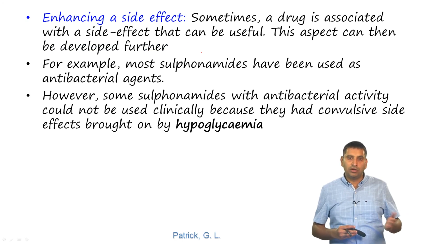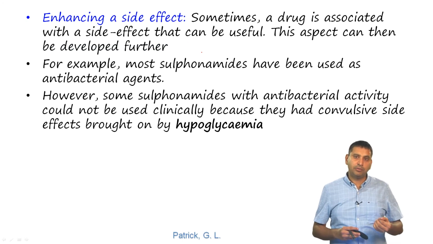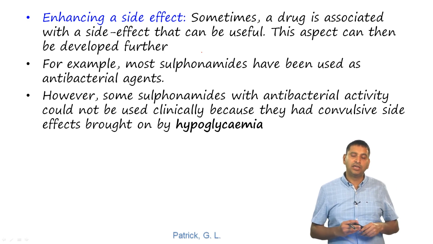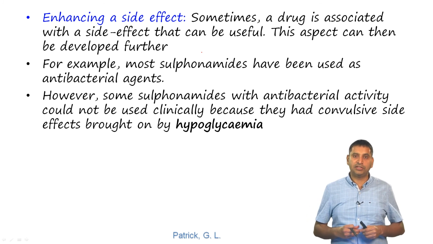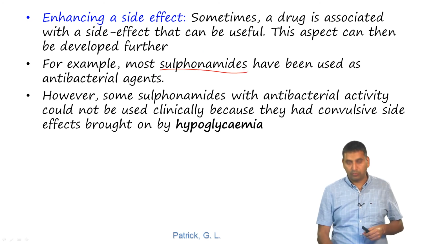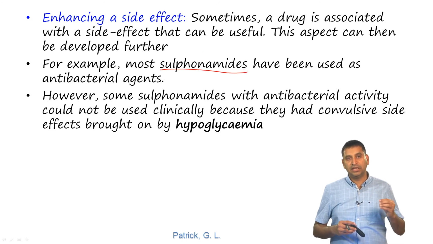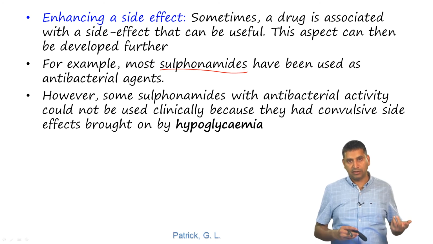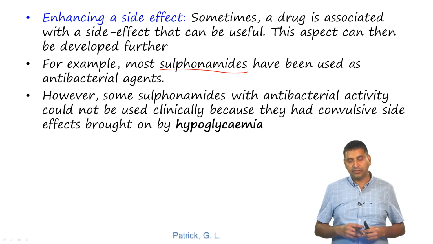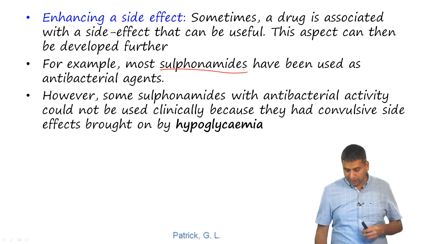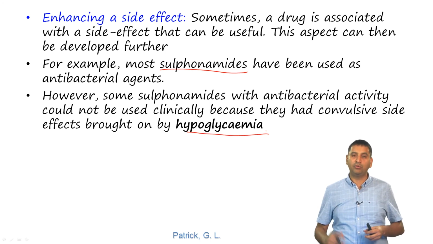You can also enhance a side effect. Sometimes the drug has a side effect which can actually be useful. Once we have identified this to be useful, you can develop it as a drug. One of the most famous examples is the class of compounds known as sulfonamides. These have been used as antibacterial compounds, but a number of clinical studies have shown that they have side effects such as hypoglycemia, which is lowering of the blood sugar.